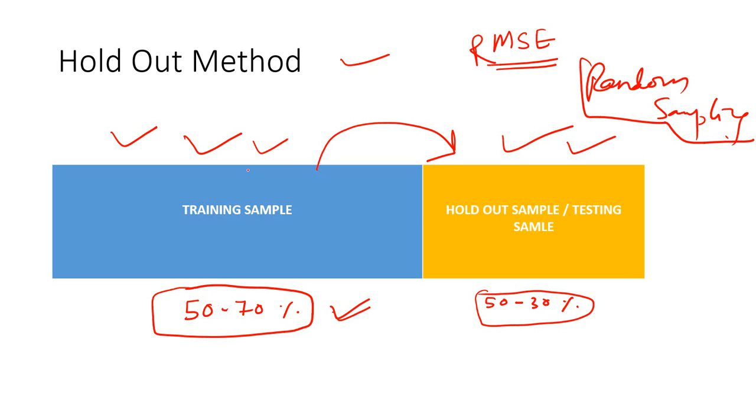For instance, if you took this portion as the training sample and the extreme left 30% of the sample as the validation sample, you would probably get a different result than what you got in the previous one. So this is prone to sample bias.